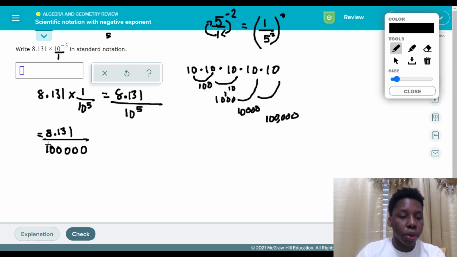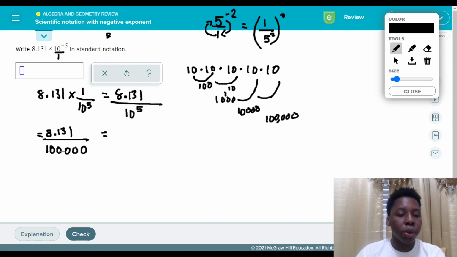Okay, so now we have to simplify this. We have to put this in standard notation. To do that, based on the amount of zeros down here, I want to cancel out and move this decimal point.